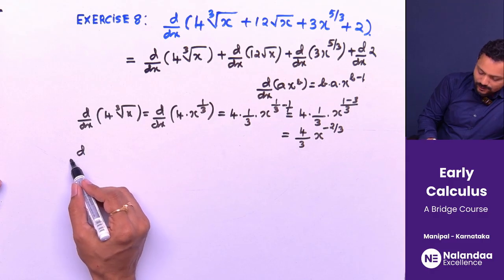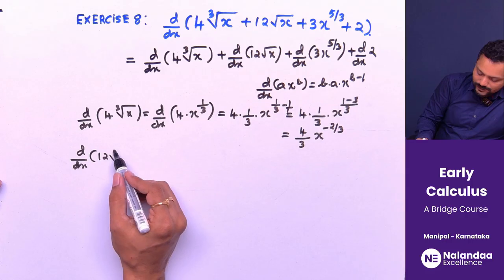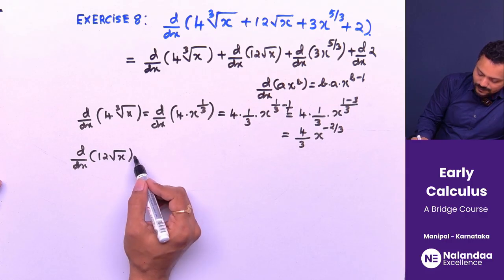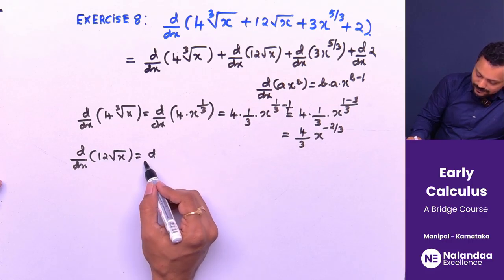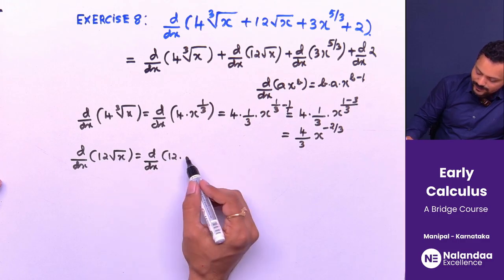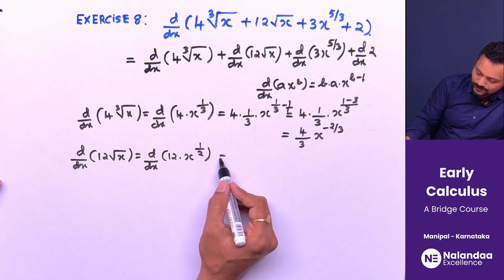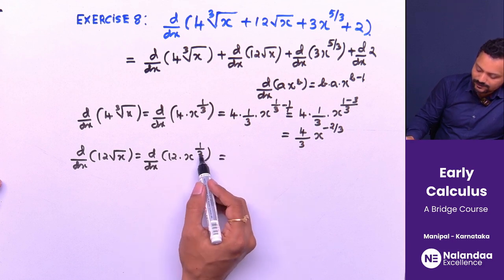Next we will go to the derivative of 12 into root x. Now this can be written as d by dx of 12 into x power 1 by 2, since root x can be written as x power 1 by 2. This is again a x power b.